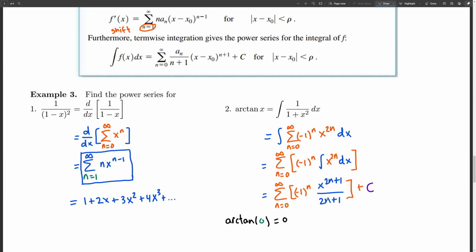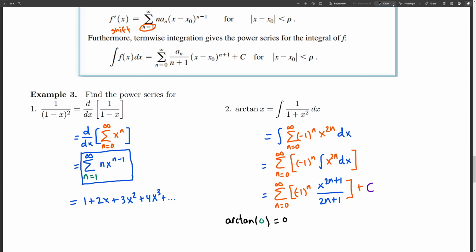So this term will be 0, because when n equals 0, we have 0 to the power 1. When n equals 1, we have 0 to the power 3. So we have all the odd powers of x. So this whole infinite sum will be 0 when x equals 0.